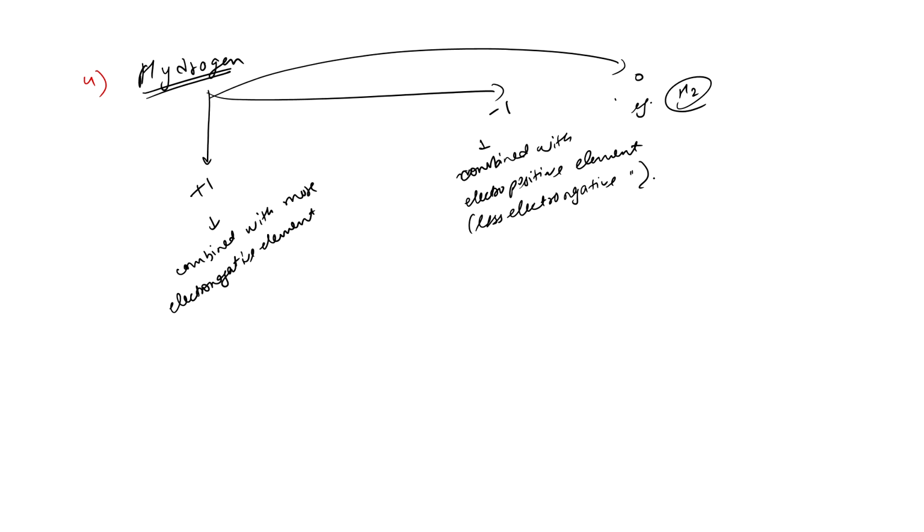These are the two possibilities, +1 and -1. We know the more electronegative elements are non-metals. Non-metals are more electronegative, and the electropositive elements are metals.